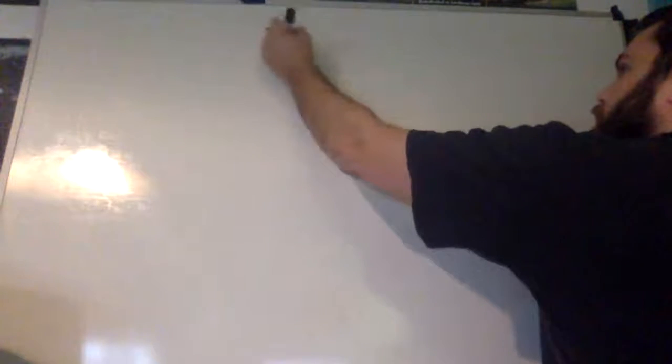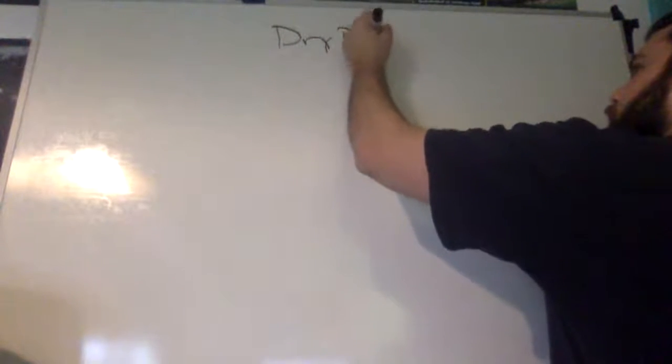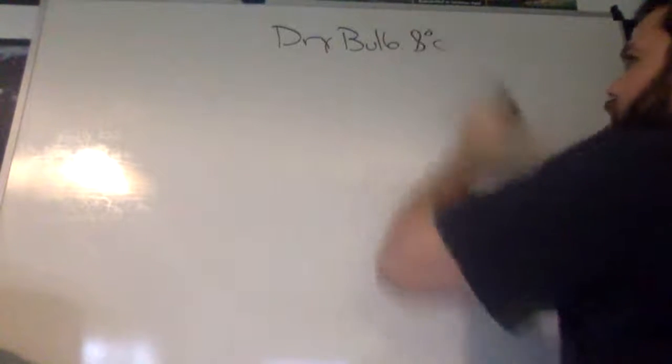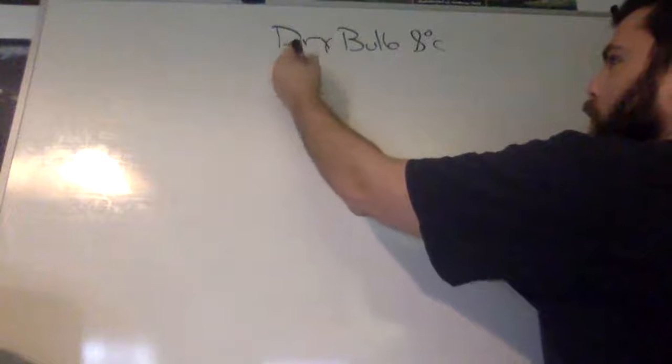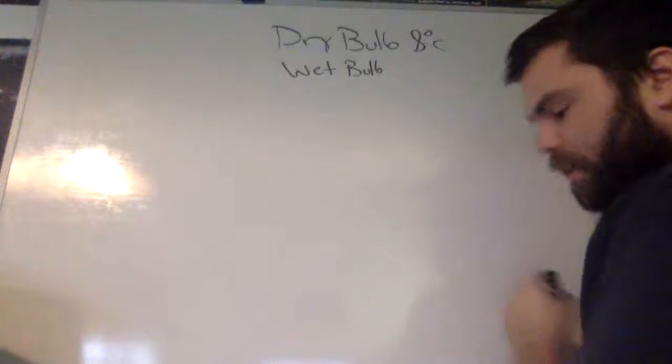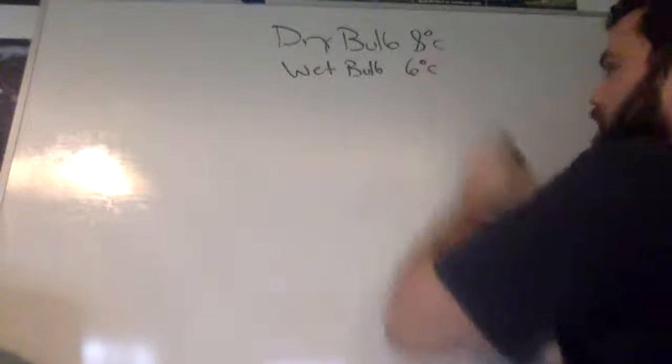For the first one, I'm going to do the very first problem. Number one, we have a dry bulb temperature, which is what they give us, and they're telling us it's 8 degrees Celsius. Now we have the wet bulb, which they tell us is 6 degrees Celsius.